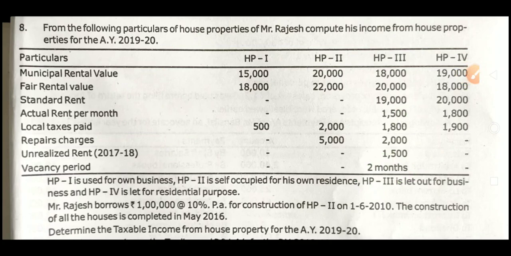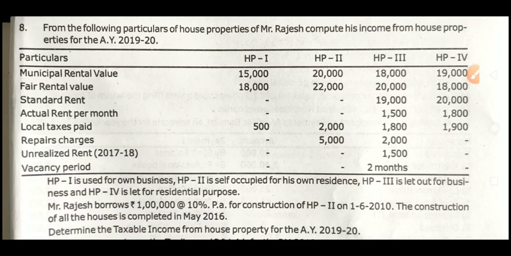It is applicable only for house property 2. And HP2 is a self-occupied property for his own residence. So that interest on borrowed loan comes under deduction under section 24 for the self-occupied property.